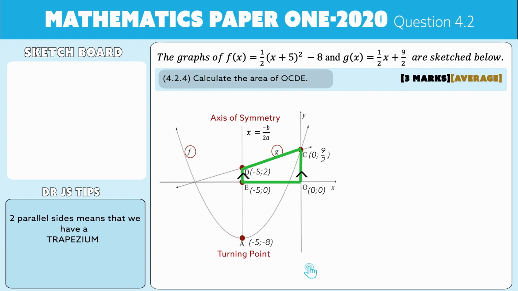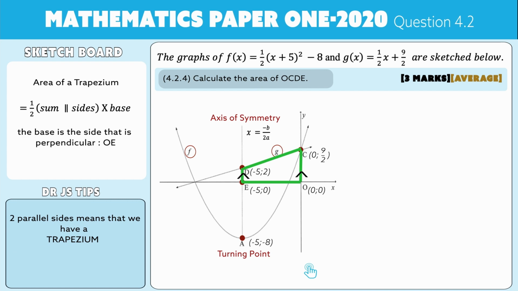Okay, a trapezium has 2 parallel sides, and let's remind ourselves the area of a trapezium on the sketchboard is equal to a half multiplied by the sum of the parallel sides, so the sum of their lengths, multiplied by the base. And in this case, the base is the side that is perpendicular.